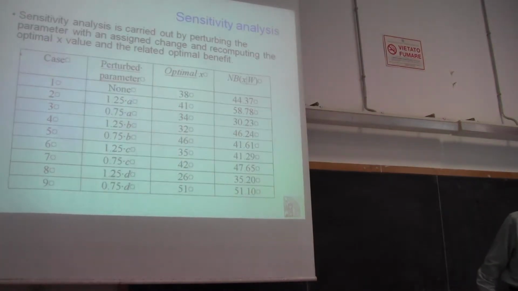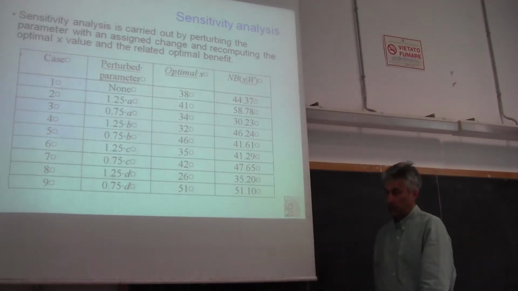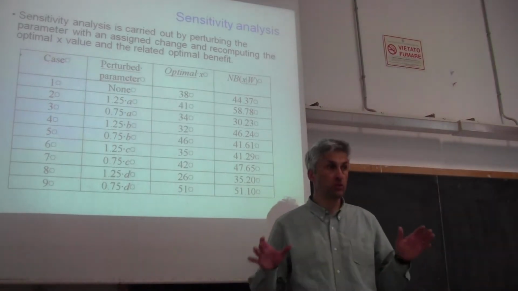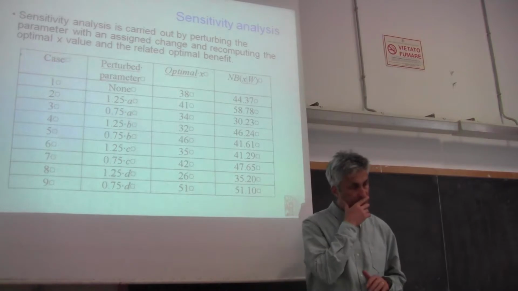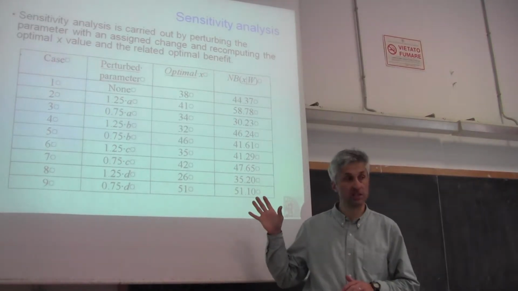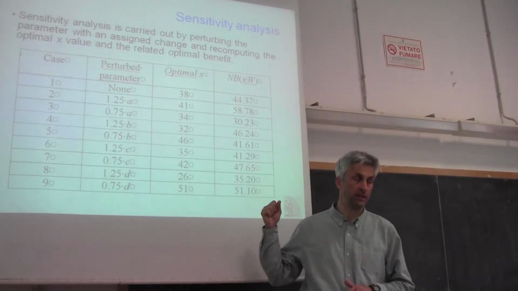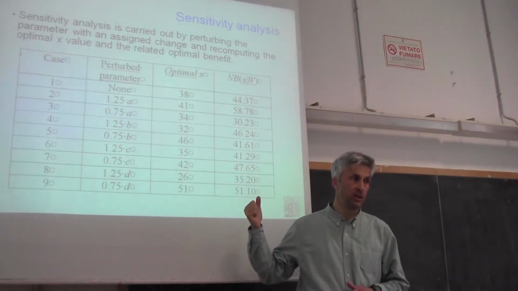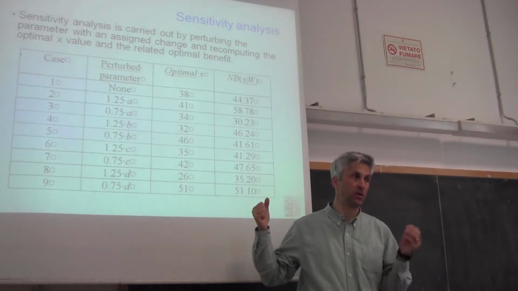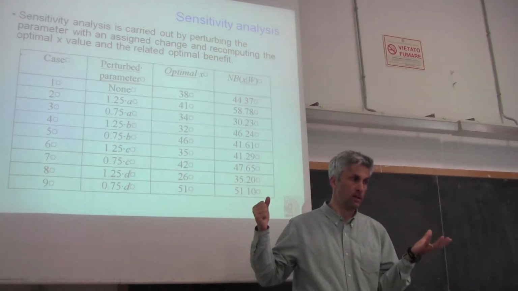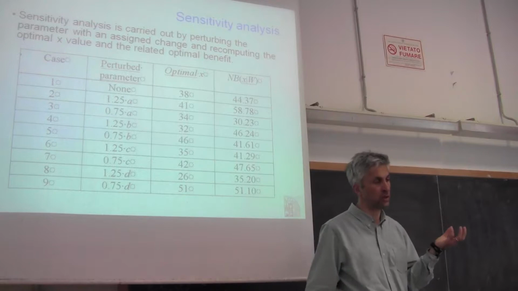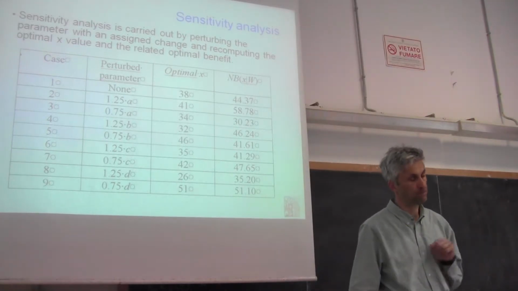Okay, so let's go back to this table. At this stage, I would like to introduce to you three indexes that are used in this kind of sensitivity analysis in economics. Three indexes that are used to quantify the sensitivity.